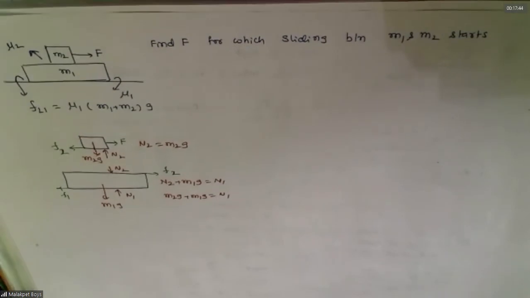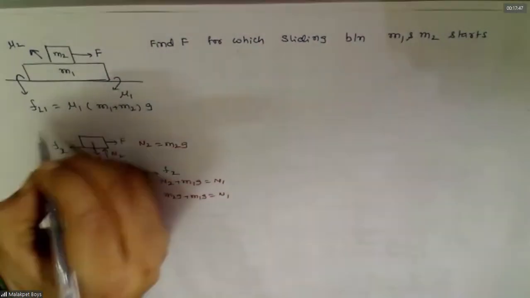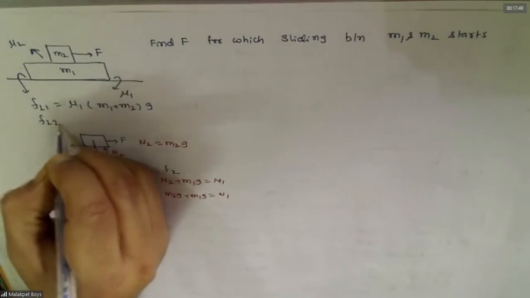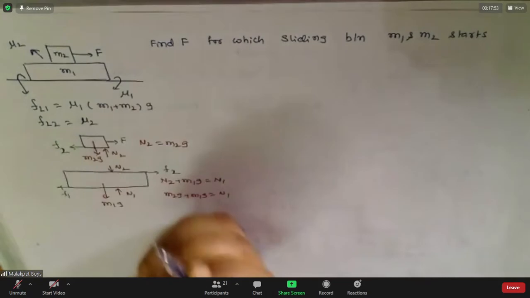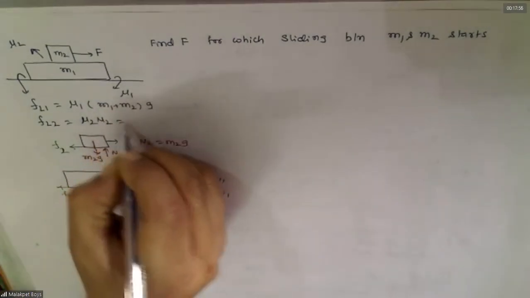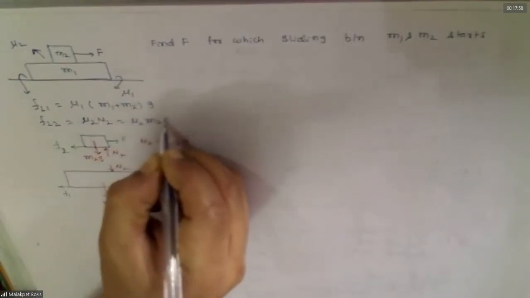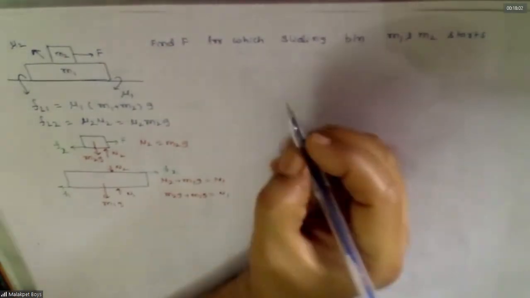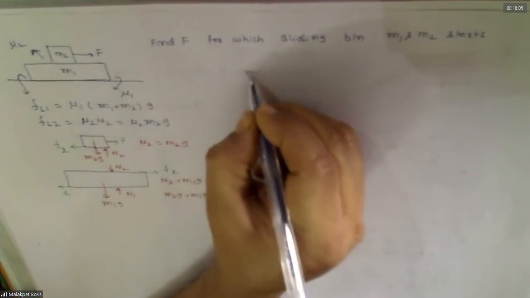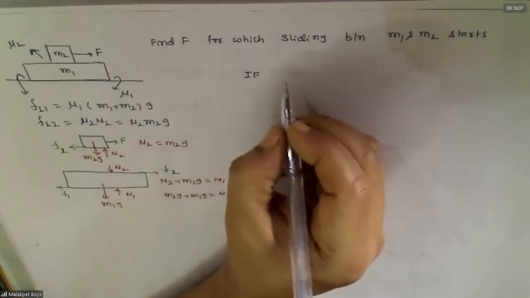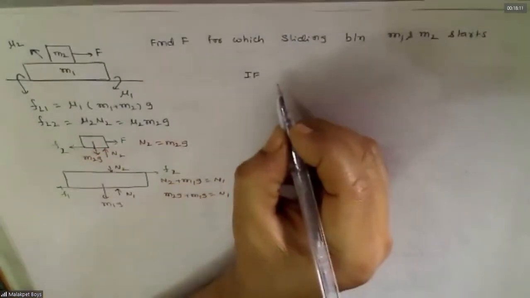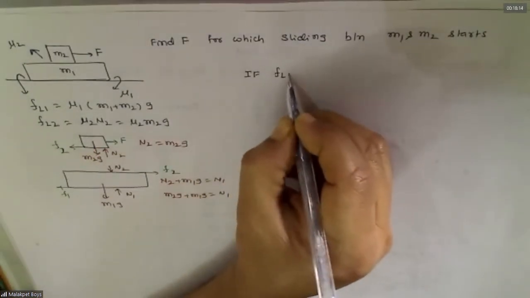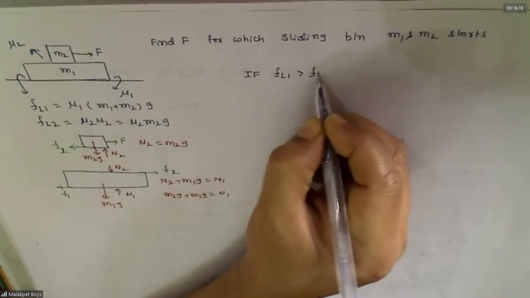Now let us see what is the frictional force for the upper block, that is mu2 N2. Okay, now let us assume the case that this frictional force, the lower limiting friction, is more than this.